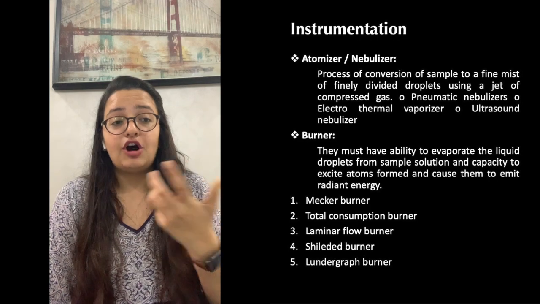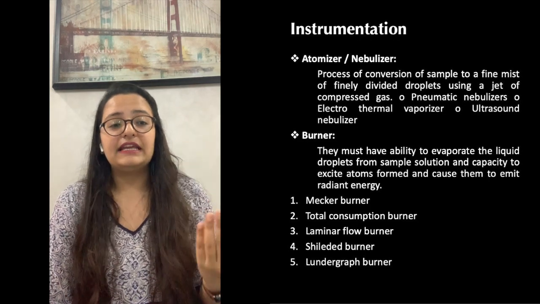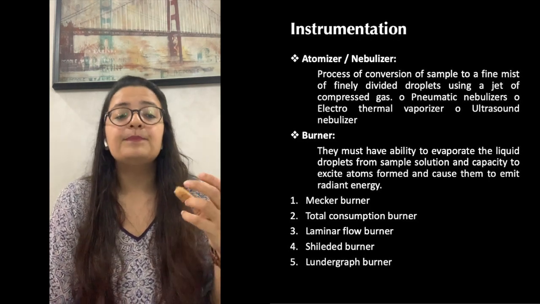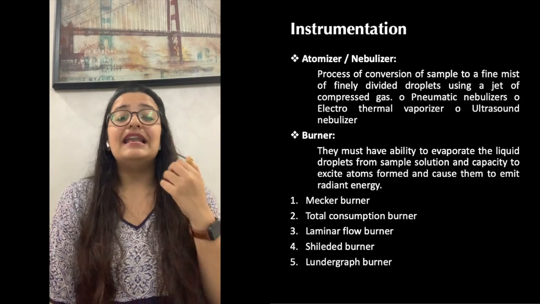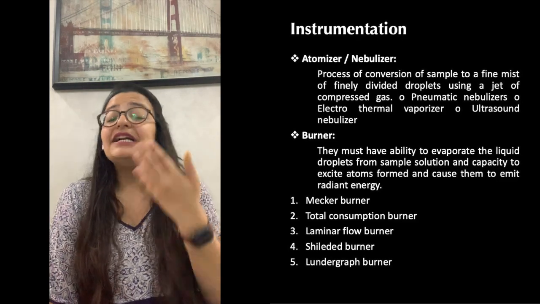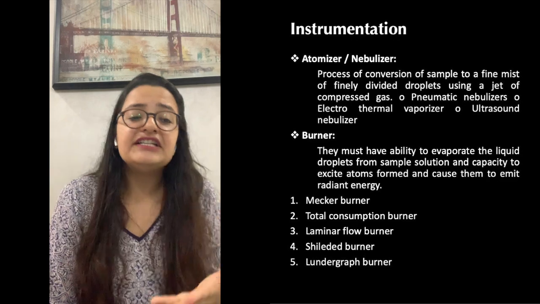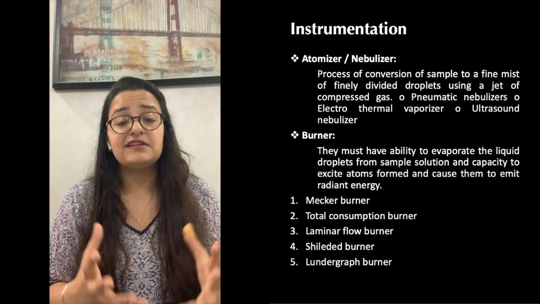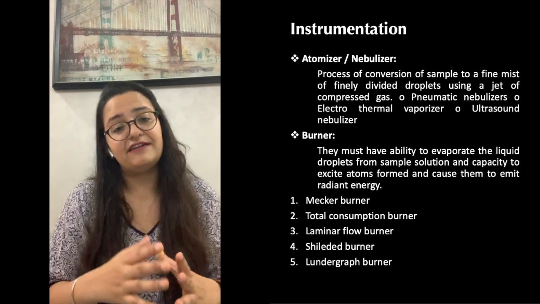Various types of burners are available in the market: Meker burner, total consumption burner, laminar flow burner, shielded burner, and Lundegardh burner. These are the burners used in the flame photometer.